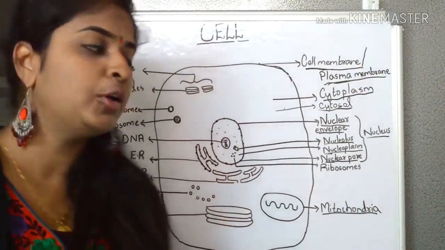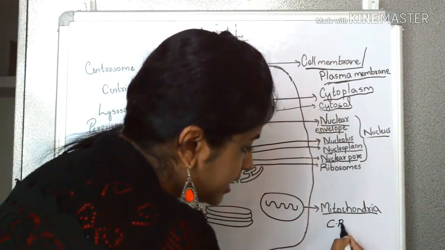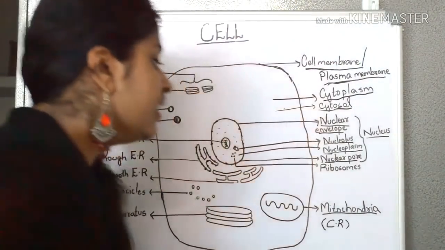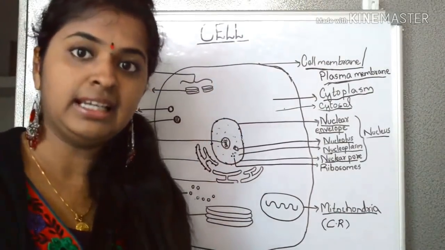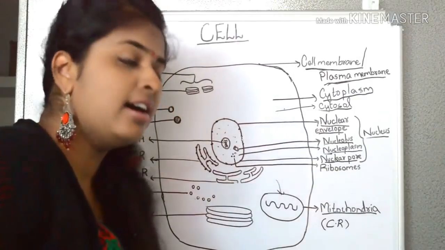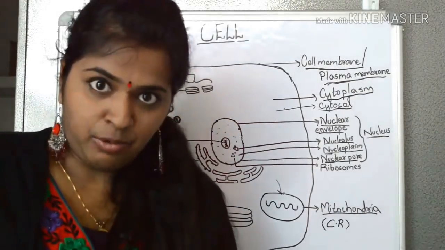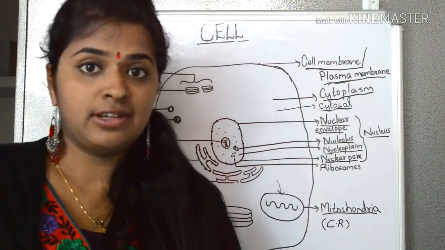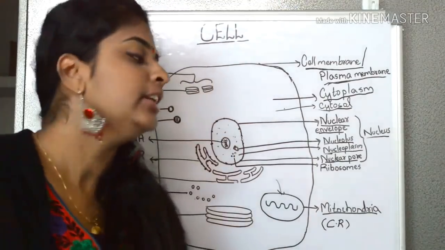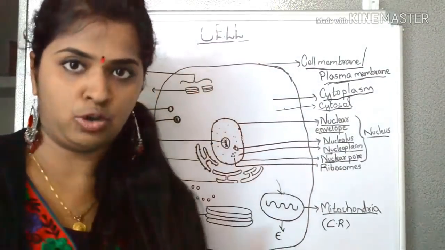So, what do you mean by cellular respiration? Cellular respiration means there will be intake of proteins inside the mitochondria, and those proteins will be catabolized, broken down, and energy will be released from the mitochondria.